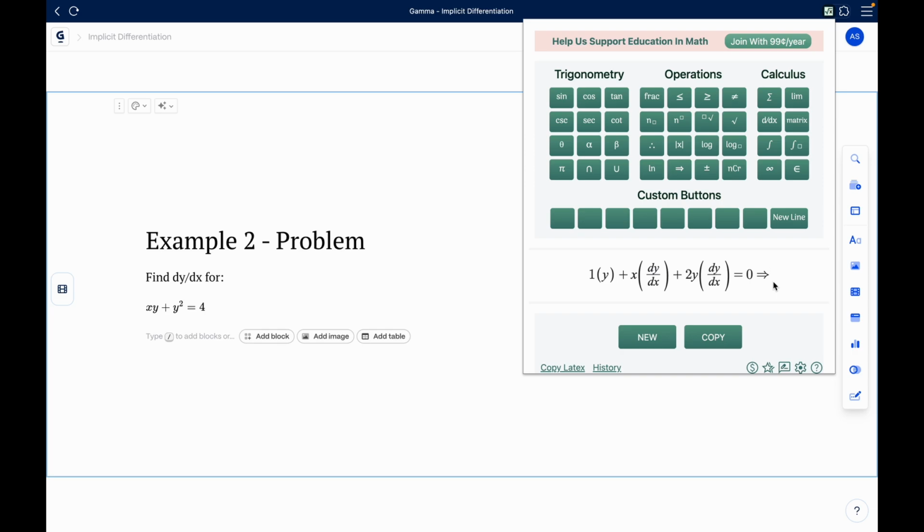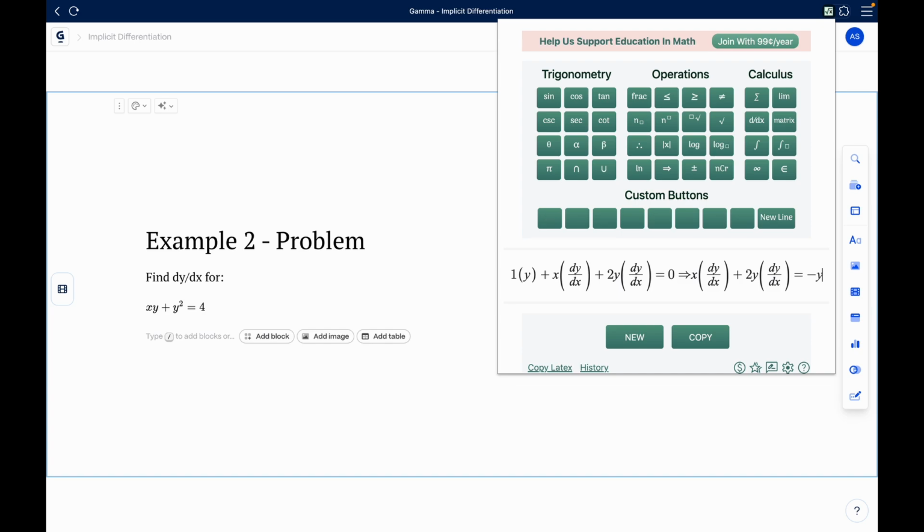So what's going to happen is we have x times dy by dx plus 2y times dy by dx is equal to negative y, since we brought this term to the other side.